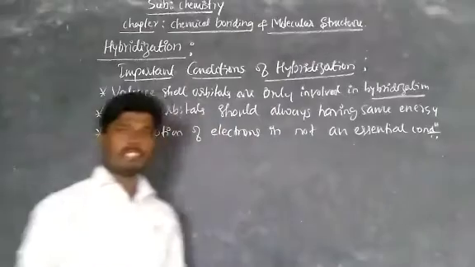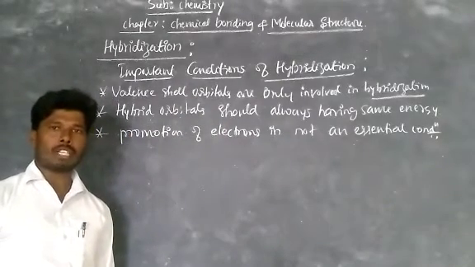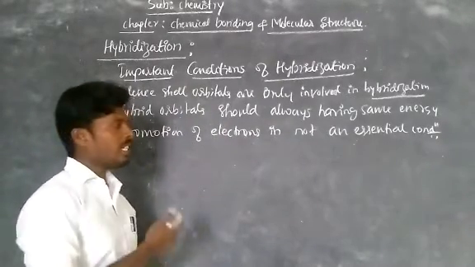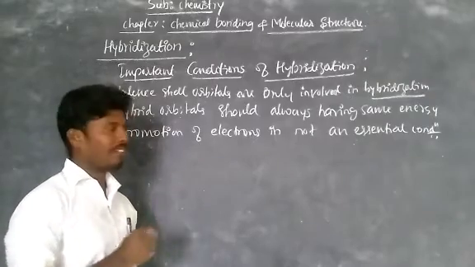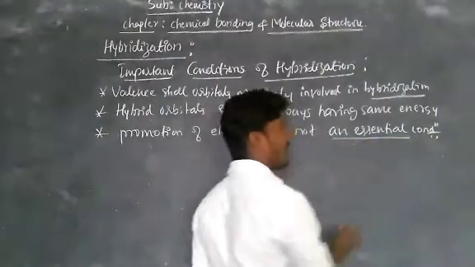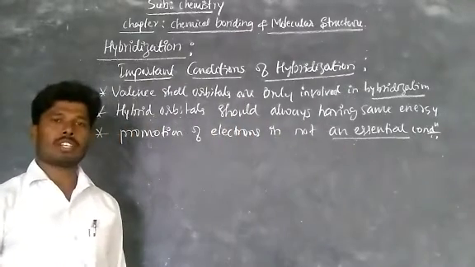In some cases, electrons are promoted from the ground state to the excited state before going to hybridization, and in other cases, the promotion of electrons does not take place. So promotion of electrons is not an essential condition.